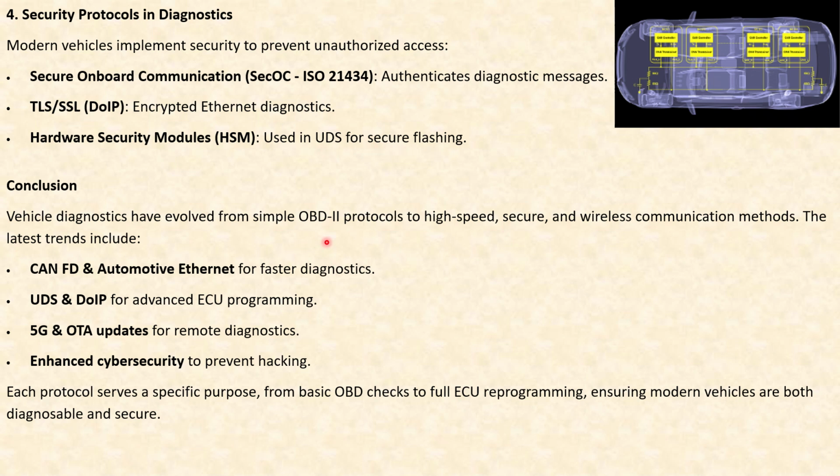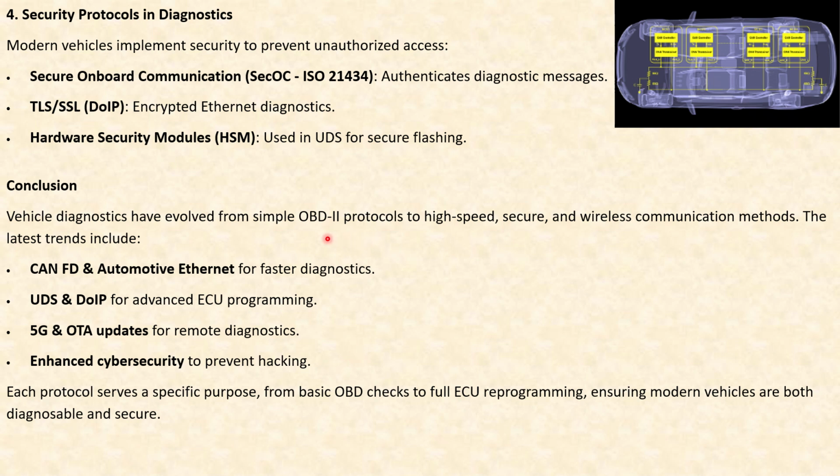Vehicle diagnostics have evolved from simple OBD protocols to high-speed, secure, and wireless communication methods. The latest trends include CAN FD and automotive Ethernet for faster diagnostics, UDS and DoIP for advanced ECU programming, 5G and OTA updates for remote diagnostics, and enhanced security to prevent hacking.